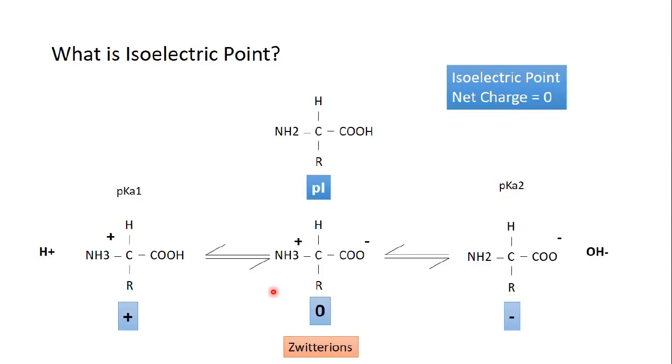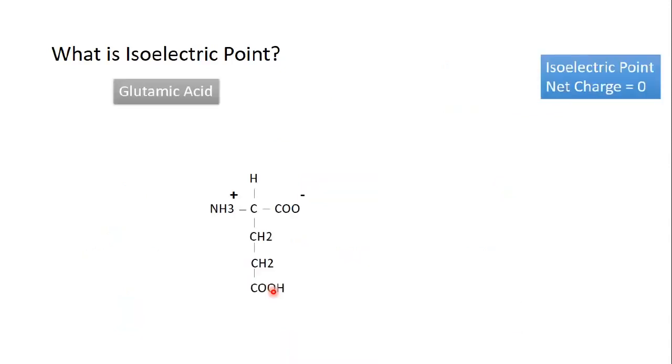Now, every amino acid has a different isoelectric point. Let's say I took glutamic acid as an example, because glutamic acid and all the acidic amino acids are special because they also have a carboxy group in the side chain. So if we increase the pH, this carboxy group on the side chain will be negatively charged because it will be deprotonated, and then the amino acid will hold a negative charge.